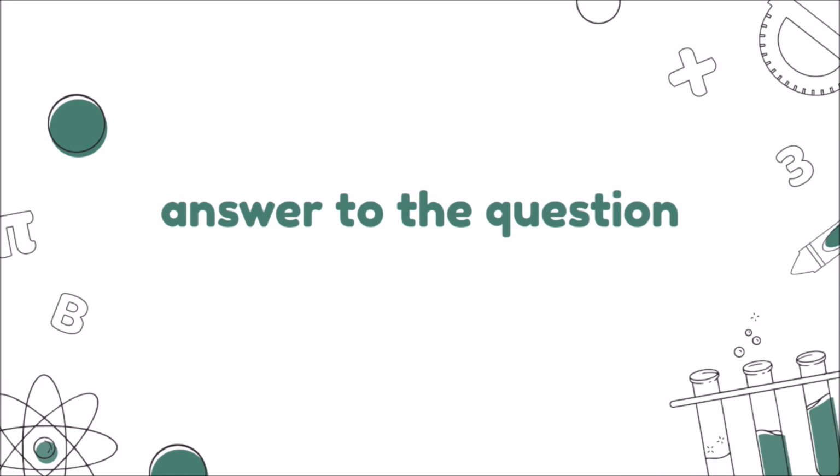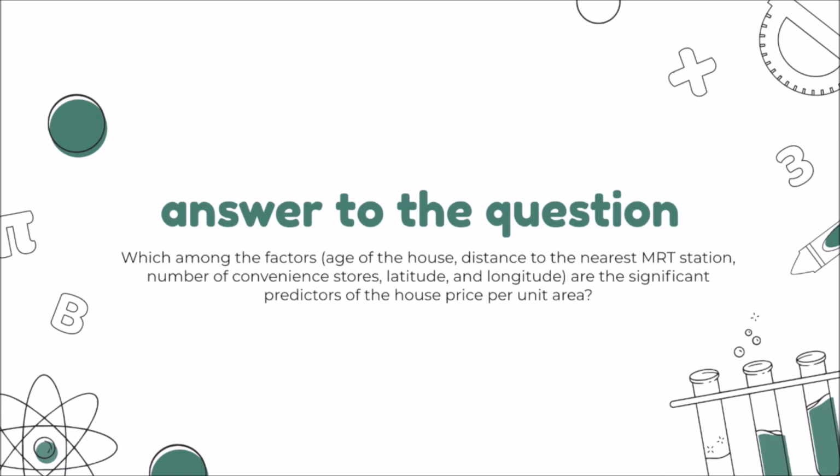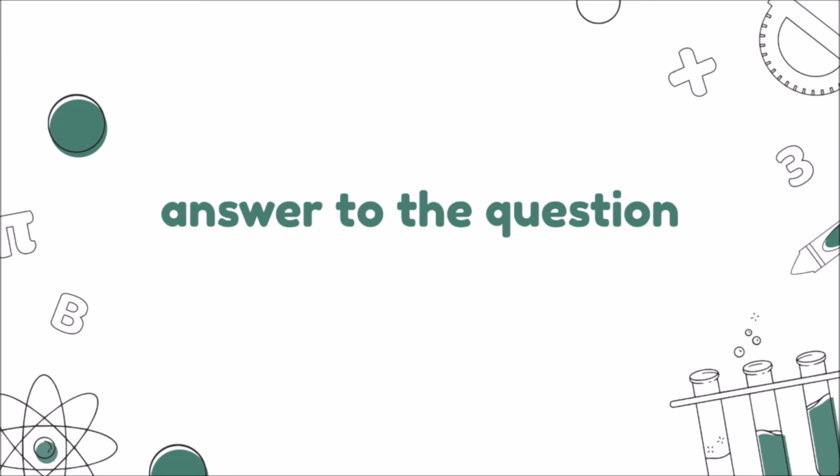Now we can answer the question here. Which among the factors, age of the house, distance to the nearest MRT station, number of convenience stores, latitude, and longitude, are the significant predictors of the house price per unit area? Given the data we were able to discuss, we can formulate an answer here.